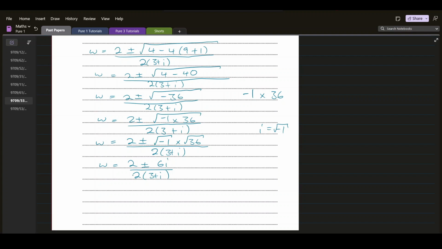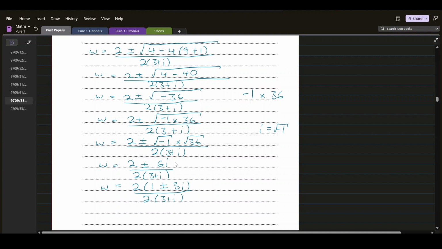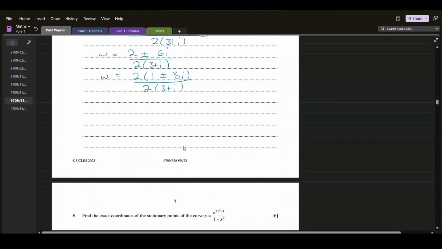And now let's factor out a 2 in our numerator. So that becomes w is equal to 2 times 1 plus or minus 3i, all over 2 times 3 plus i, and so the 2's will cancel out, and what you end up with is w is equal to 1 plus or minus 3i over 3 plus i.